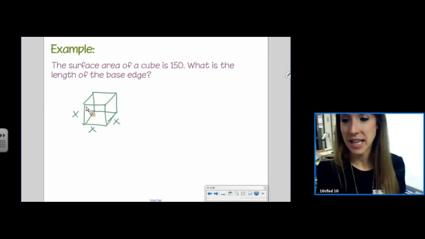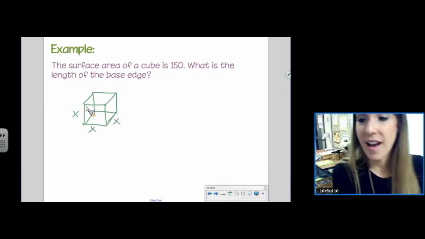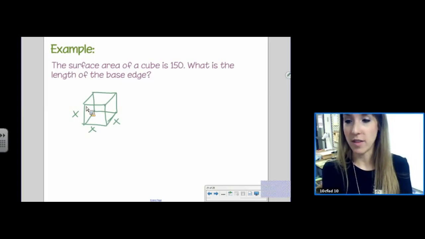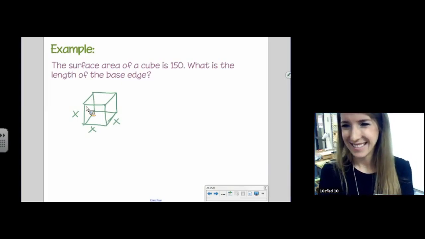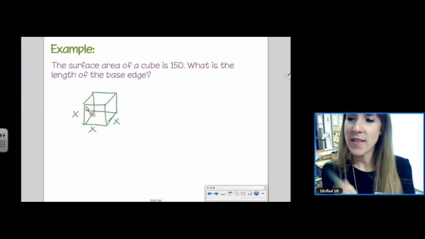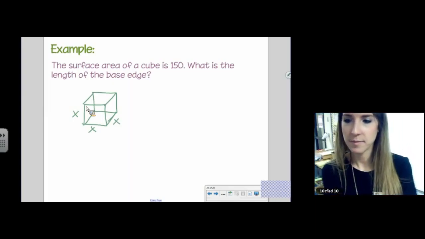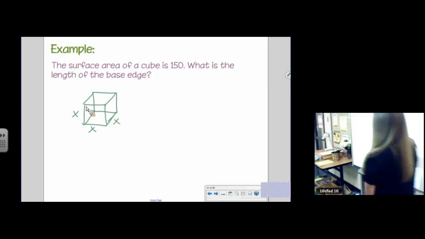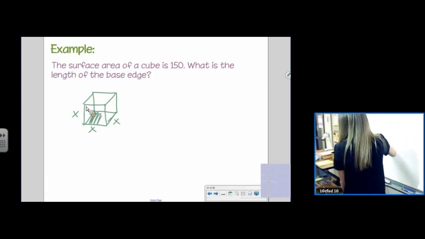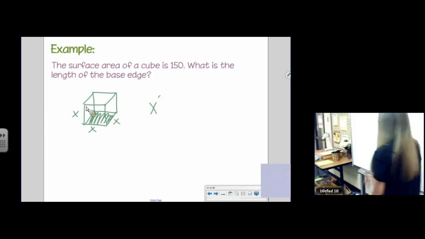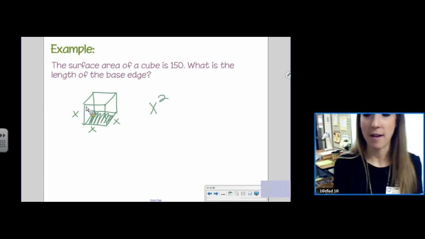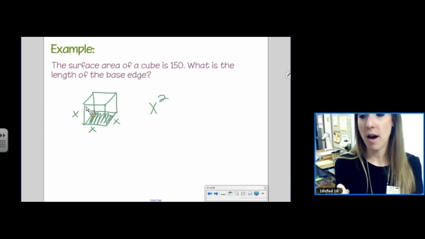So when we find one of them, we've found all of them. How do you find the surface area of a cube? You could just find the area of this. And then how many faces does a cube have? No, that's volume, Pavin. That's volume. How many faces does a cube have?